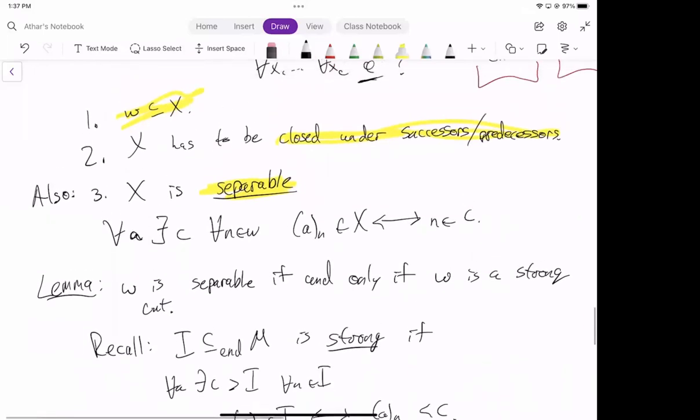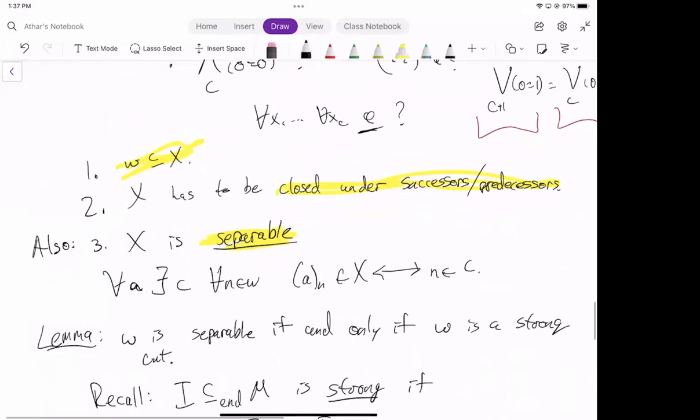That's the one important thing that I should mention. This is one of the things that I think is somewhat pathological about these sets X. These sets X don't need to be closed under addition, for example. They have very, very weak closure properties. They just have to be closed under successors and predecessors, or they just have to contain omega.